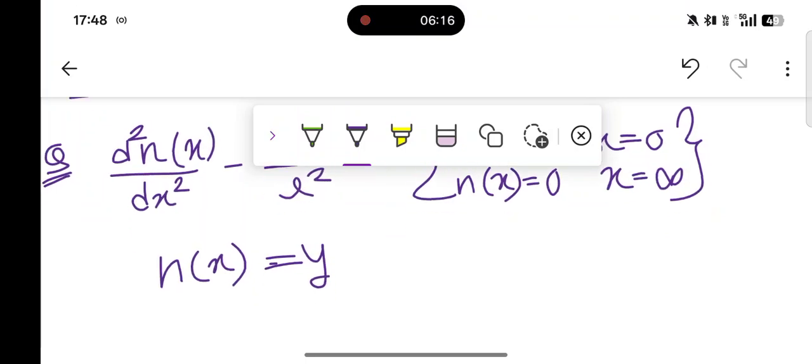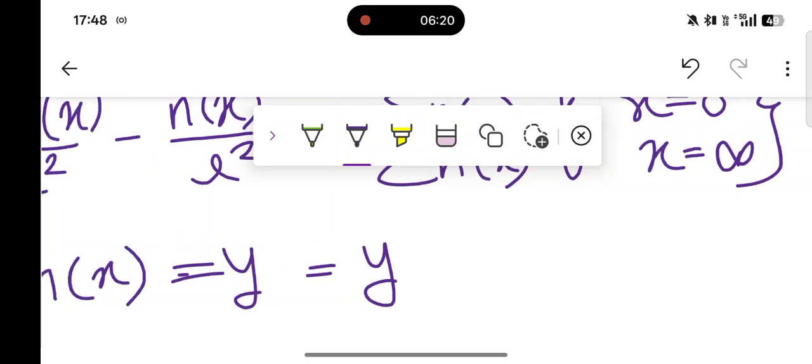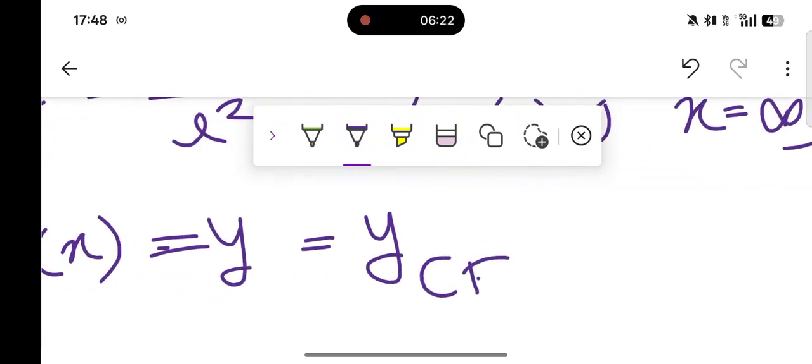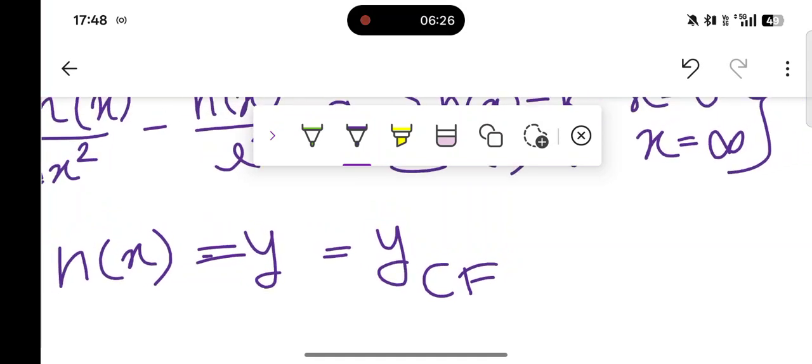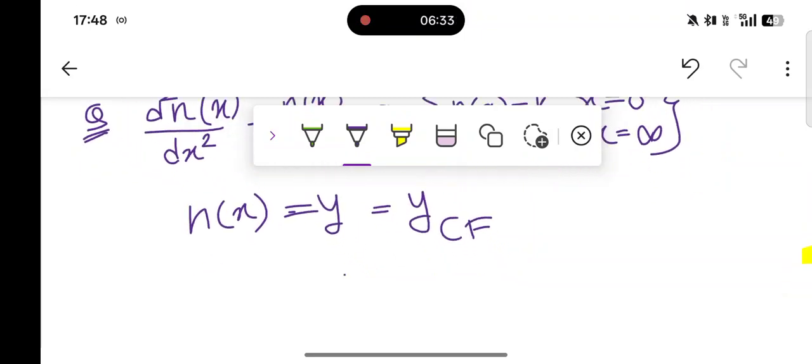Now in that case our y, nx, is equal to cf, right? We have to find out the cf, not classic actually, complementary function. So nx will be equal to our ycf, so we have to solve.